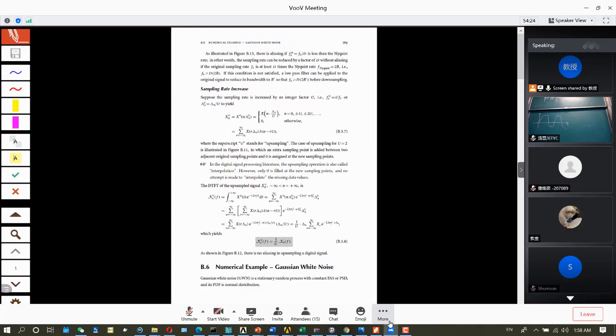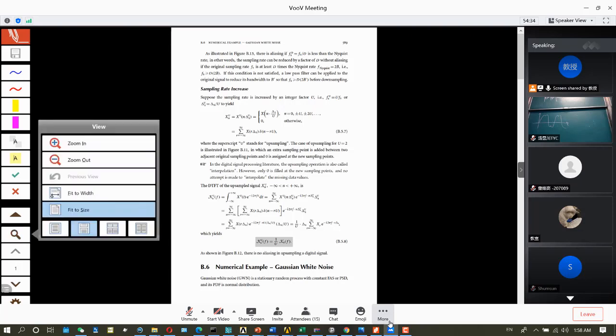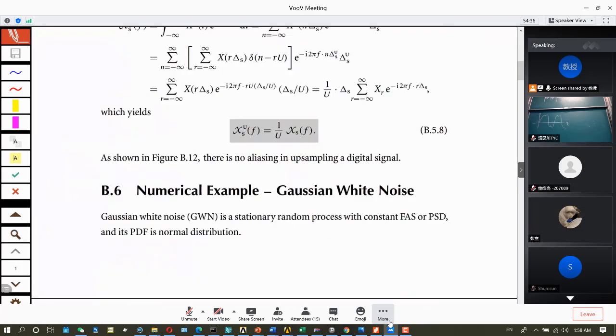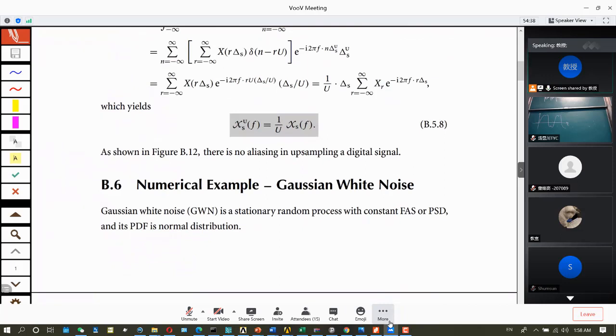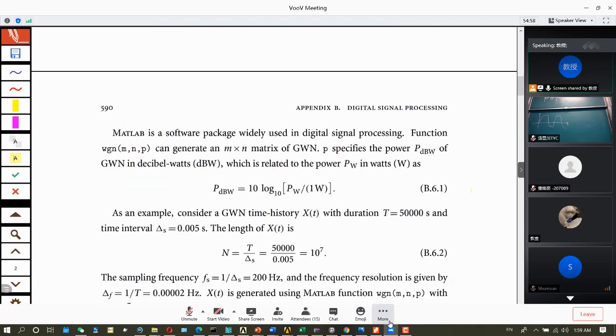Okay, so here I use MATLAB to generate a Gaussian white noise process. We will talk about Gaussian process in a moment, but it's a white noise. So if it's a white noise and it's also Gaussian, then it looks like this.